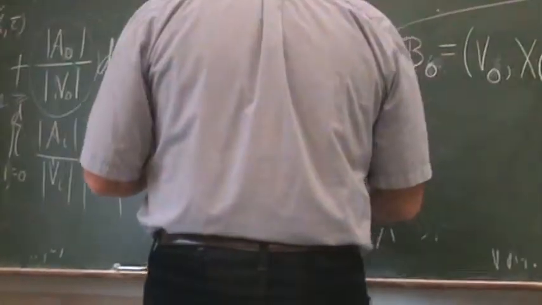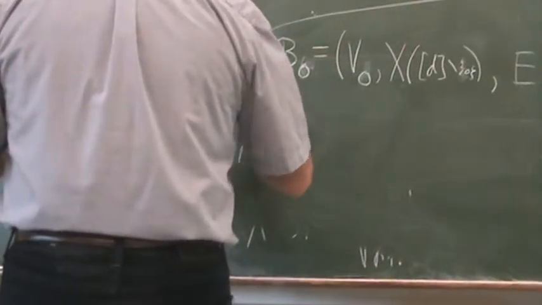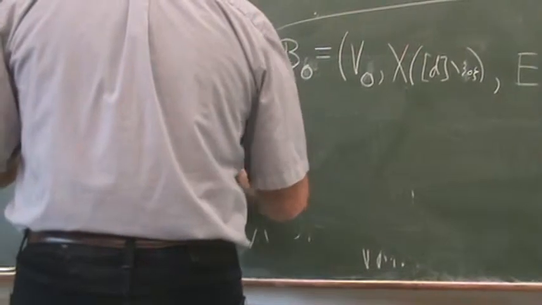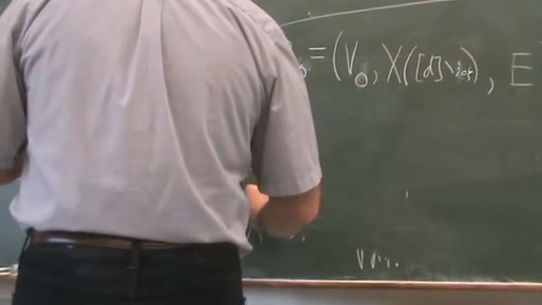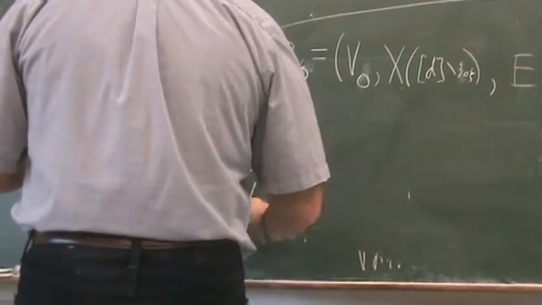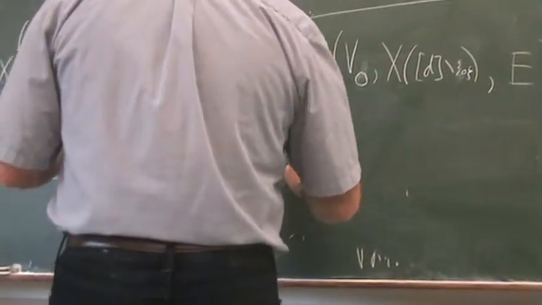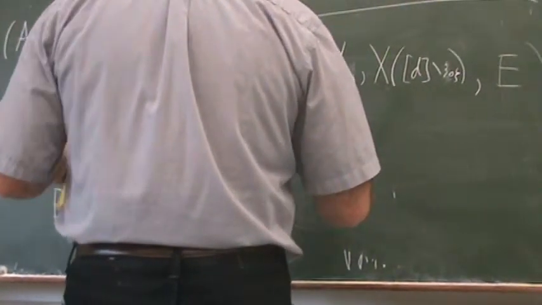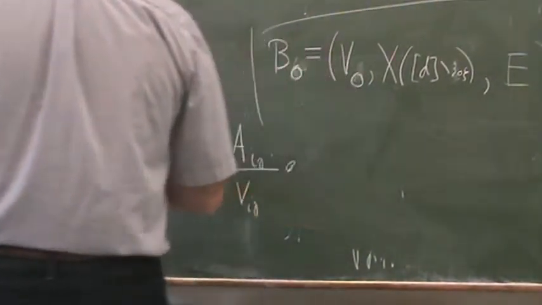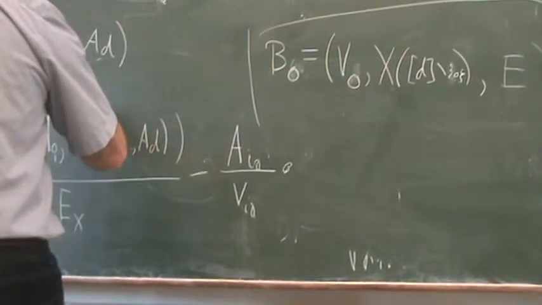Minus A0 divided by V0 times, let's give this a name.